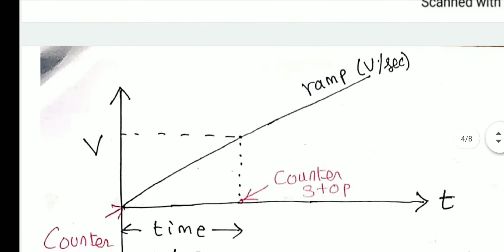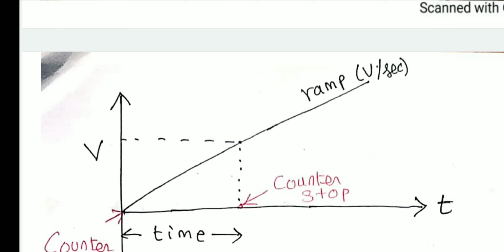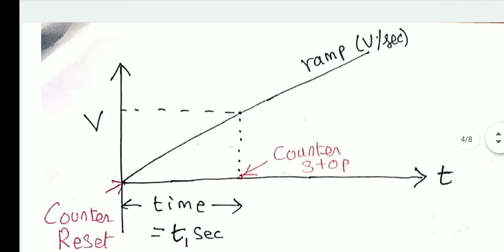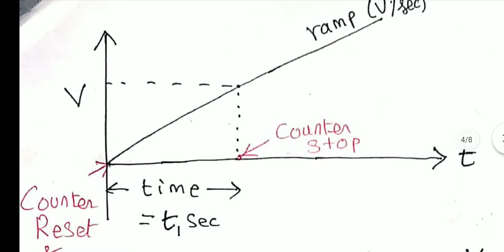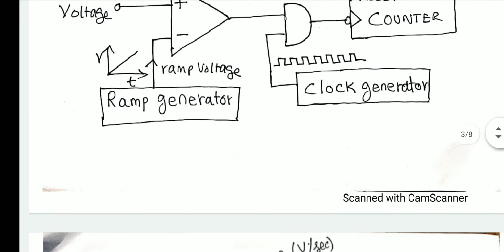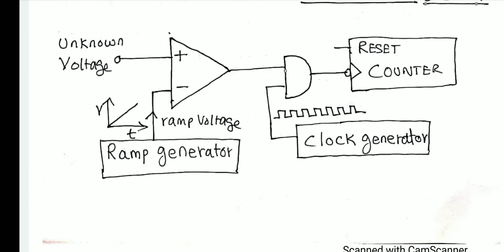until, see what happens at time t1. At t equal to t1, the ramp voltage meets the unknown voltage, right? Whenever the increasing ramp voltage equals the unknown voltage, the comparator output will be 0.